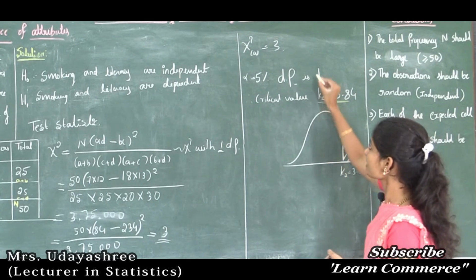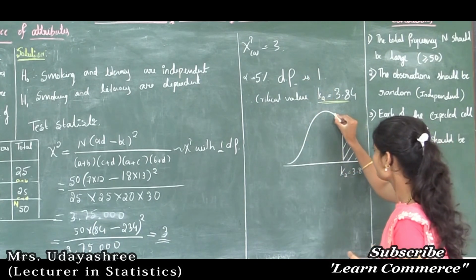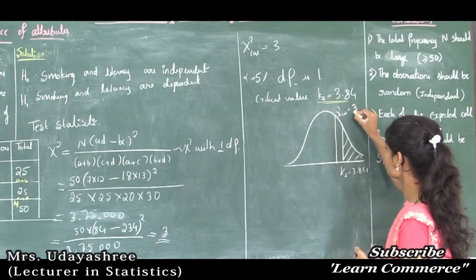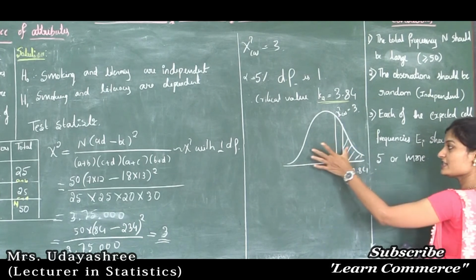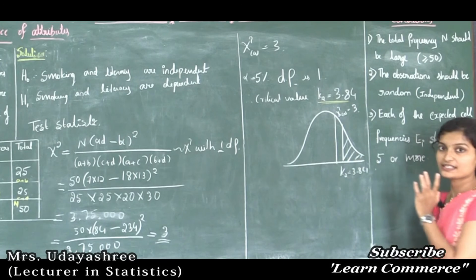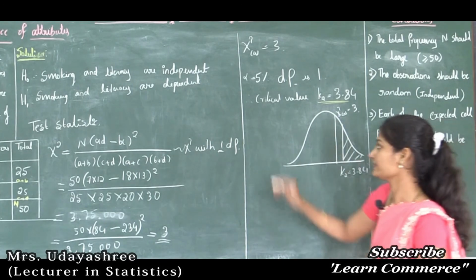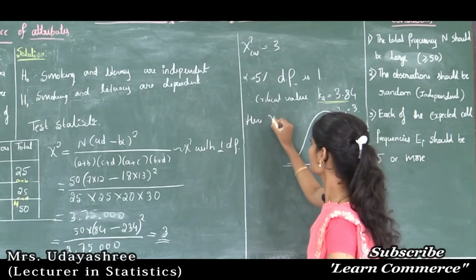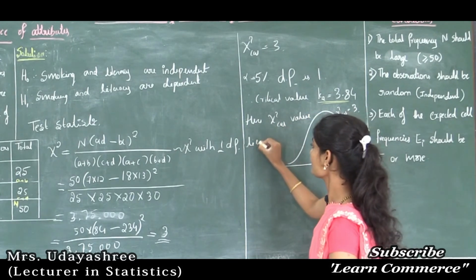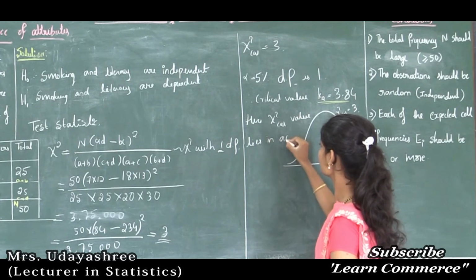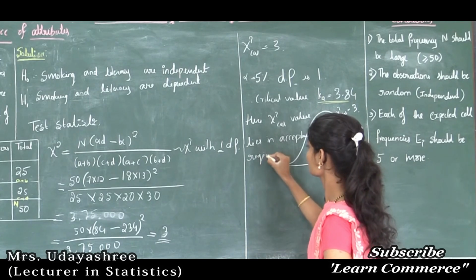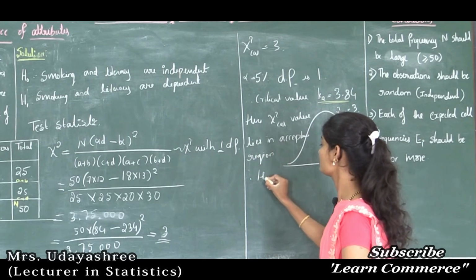And see here, the calculated value is 3, so that value comes here. This is the rejection region and this is the acceptance region. Here the calculated value lies in the acceptance region, therefore H0 is accepted.